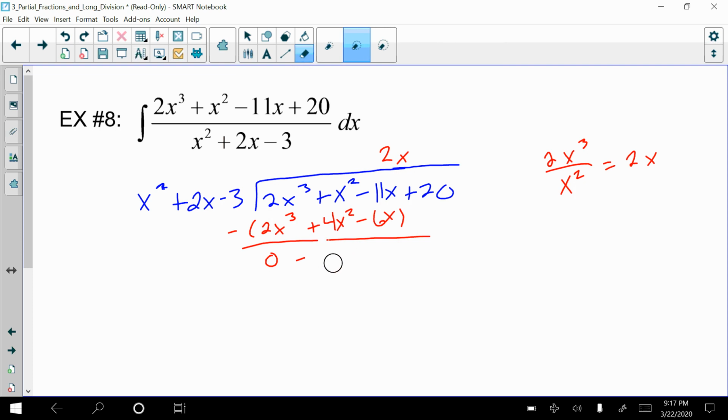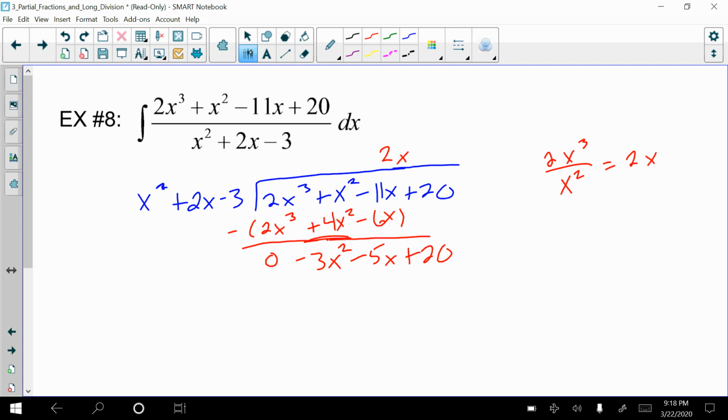Somebody at home is yelling, hey, you made a mistake. So let's go ahead and fix it here. 1 minus 4 is a negative 3, not a negative 5. And so negative 11 minus negative 6 will give me a negative 5x. And then we bring down the 20.